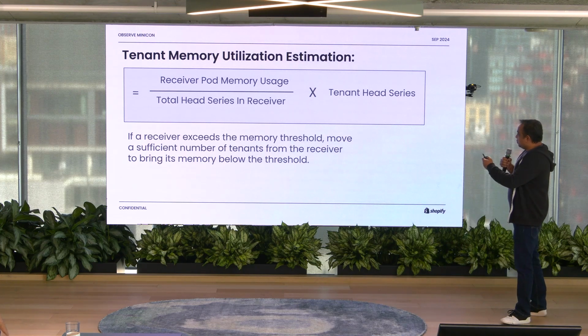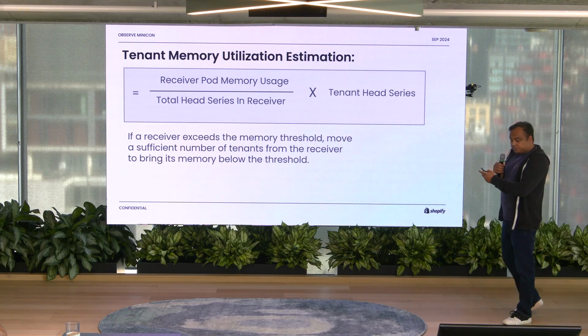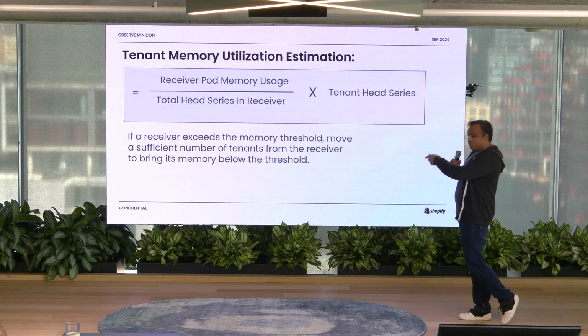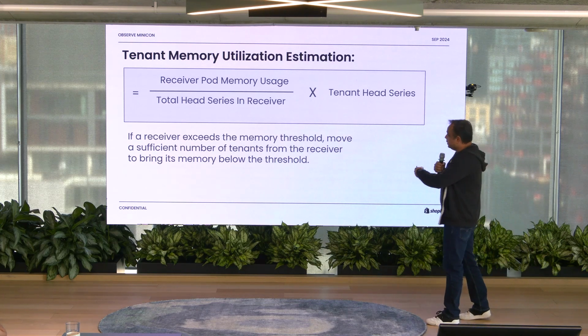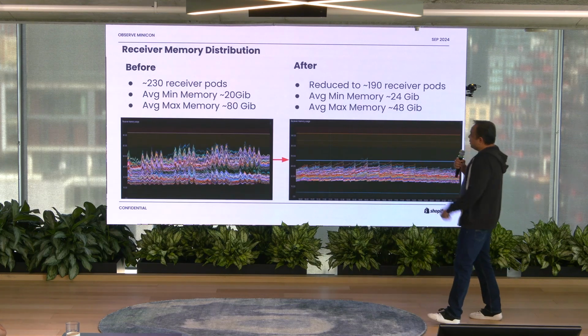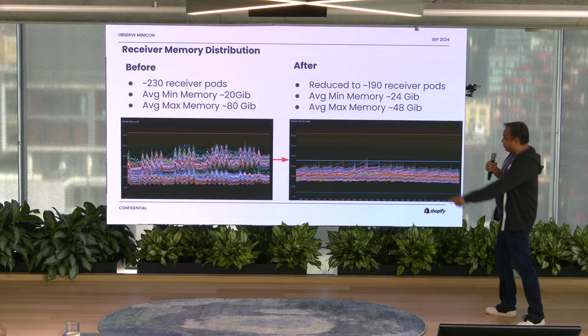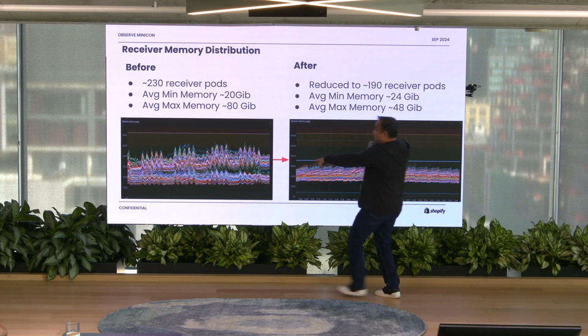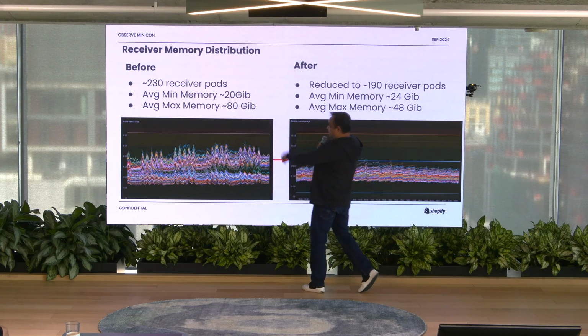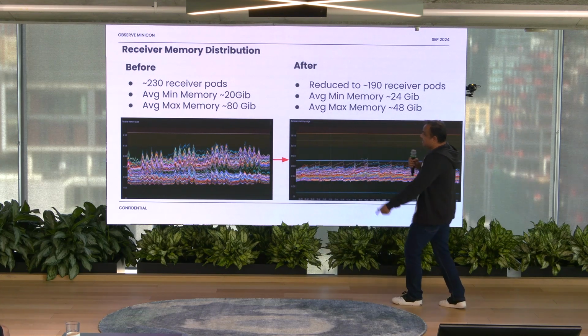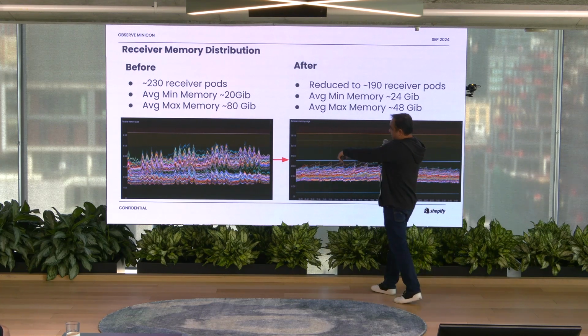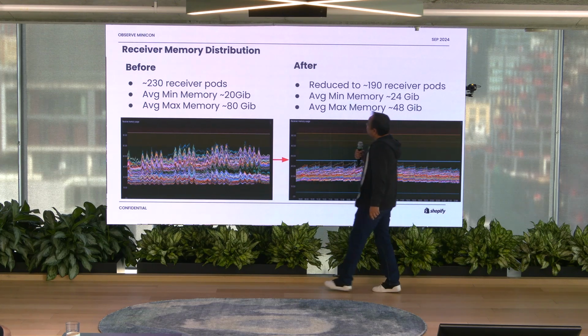So I want to show before and after we implemented that. This is the receiver memory distribution before, with Colorado River. You can see 230 receivers. Their min memory utilization was 20 gig, max was 80.